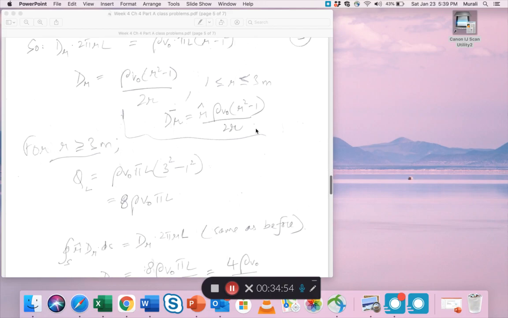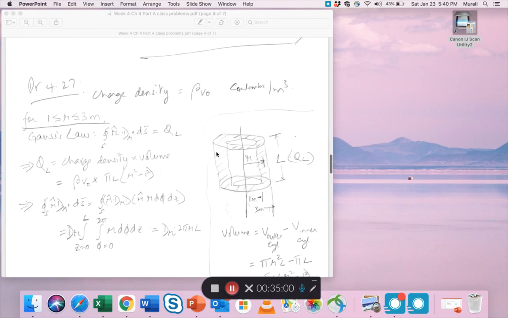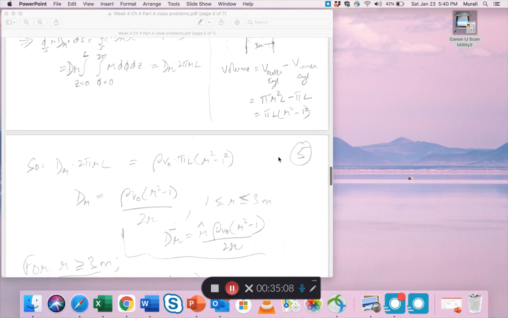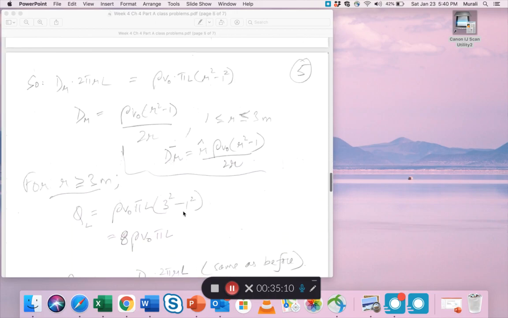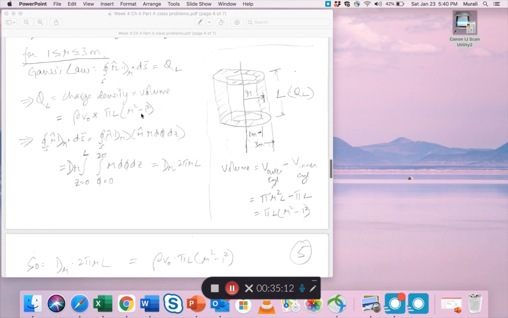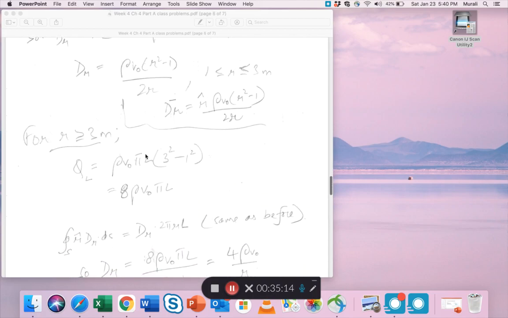For r greater than 3, we can definitely say what is the charge inside by using a variation on that formula. I talked about this formula. So now instead of r, we just put 3, because now we are looking at it from the outside.